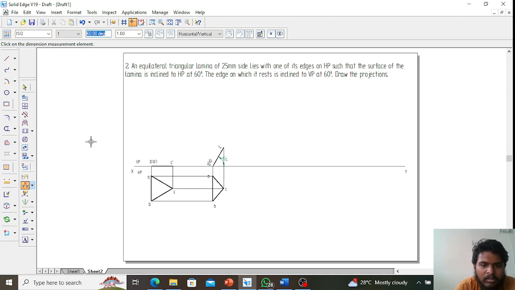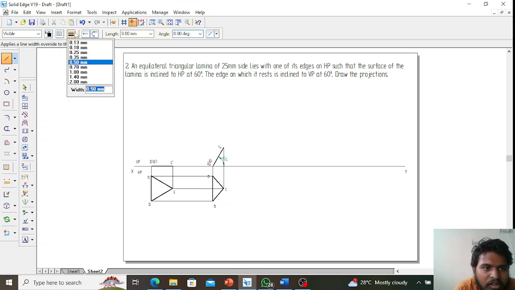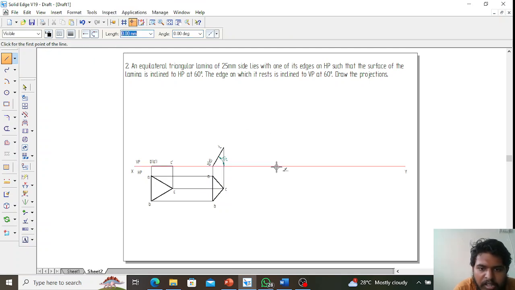Okay. Now I will draw a XY line. Sorry, I will draw a line for reference having 60 degree with HP. So length, let it be anything, arbitrary length. This one minus 60. So this is the reference line.